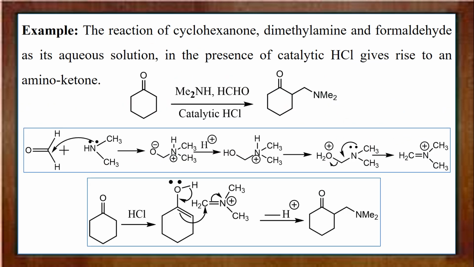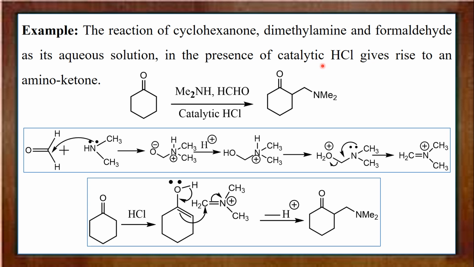The mechanism of the Mannich reaction is explained here with an example. Here I have taken cyclohexanone, dimethylamine, a secondary amine, and formaldehyde as its aqueous solution in the presence of a catalytic quantity of hydrochloric acid, to form an amino ketone as product.